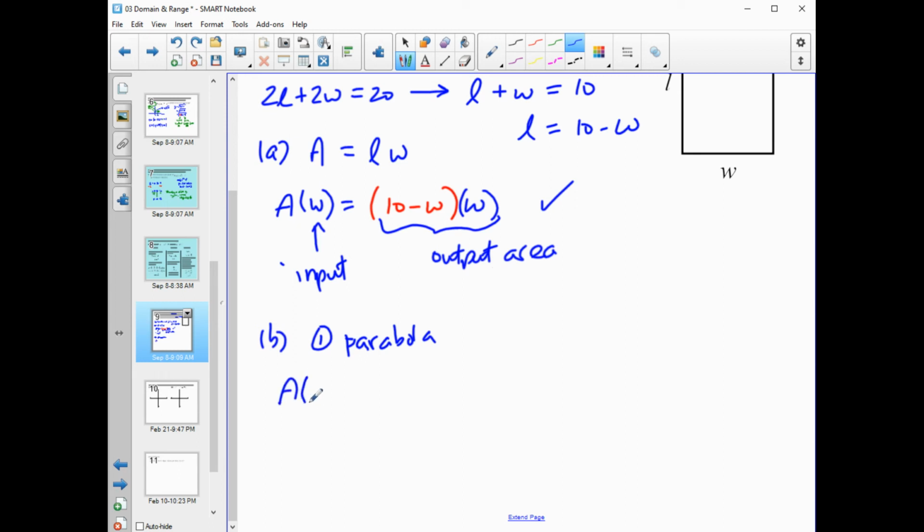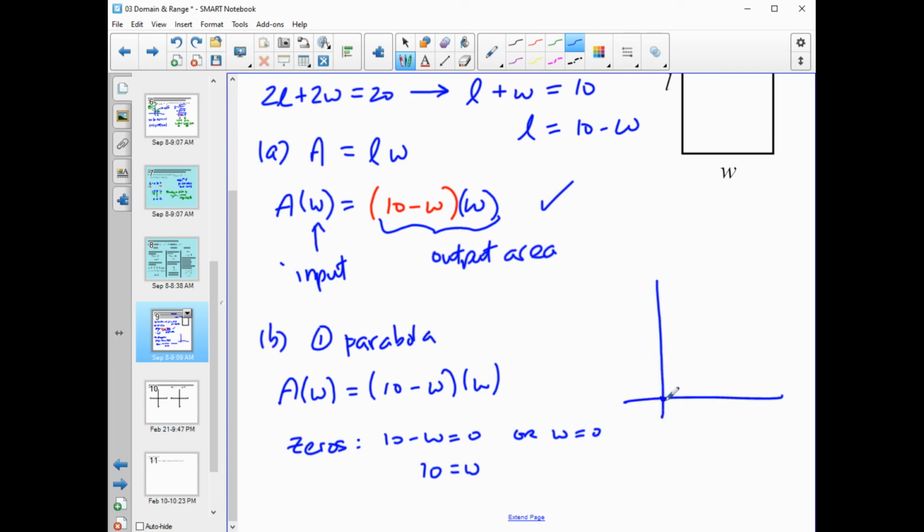So A of W is 10 minus W times W. And we can immediately, just by inspection, since it's already in factored form, tell that the zeros occur when 10 minus W equals 0, which occurs when 10 equals W, and of course, when W equals 0.